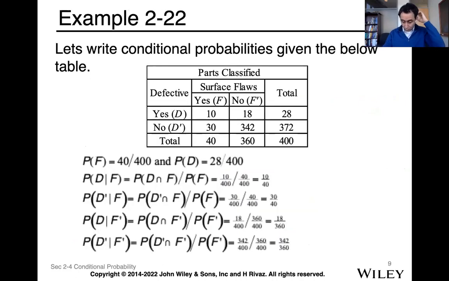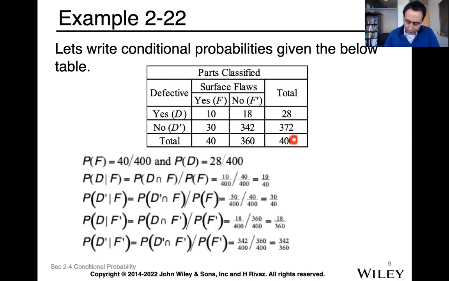Okay, so let's look at another example. Here we want to write the conditional probabilities given the table below, right? We have two features for some parts. The first feature is surface flaw. Parts either have a surface flaw or they don't. And the second feature of the parts is whether they are defective or not defective, right?